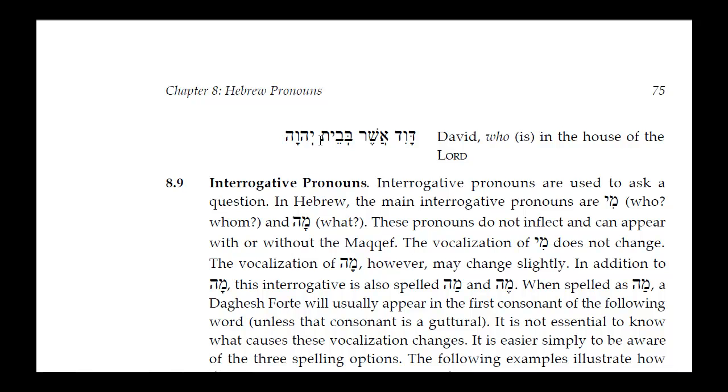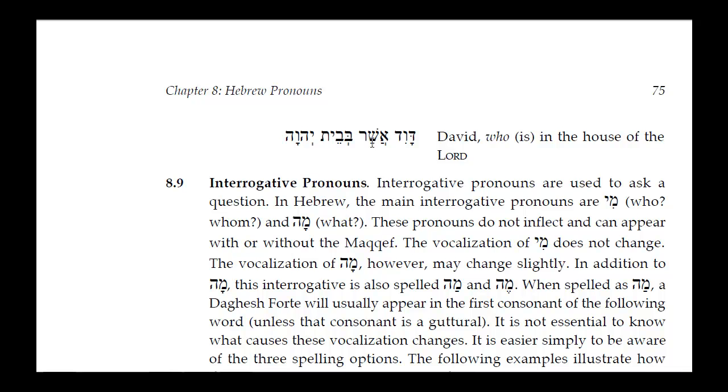David, who is in the house of the Lord. So asher is connecting. It's like a bridge. The relative pronoun connecting David, the noun, and then it begins the clause, what we call the relative clause. It relates David to being in the house of the Lord here.